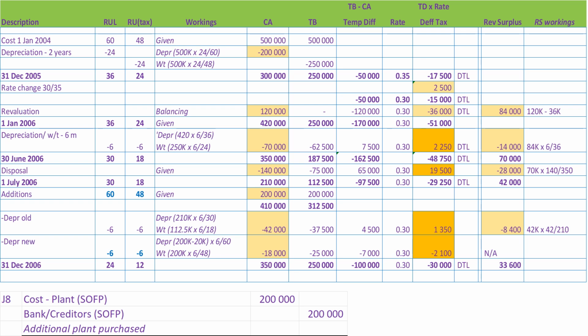In the next entry, we need to account for our addition. Since the question was silent on how our PPE was acquired, we will credit bank/creditors and we will debit cost.